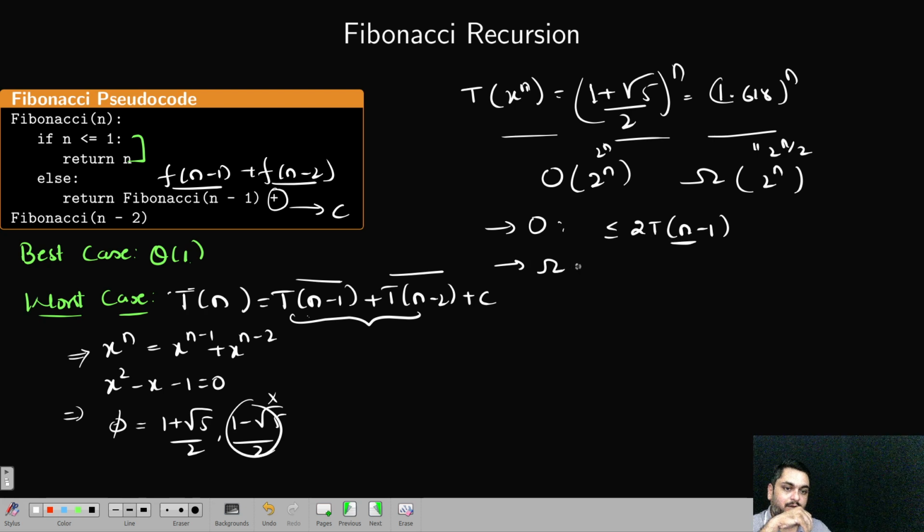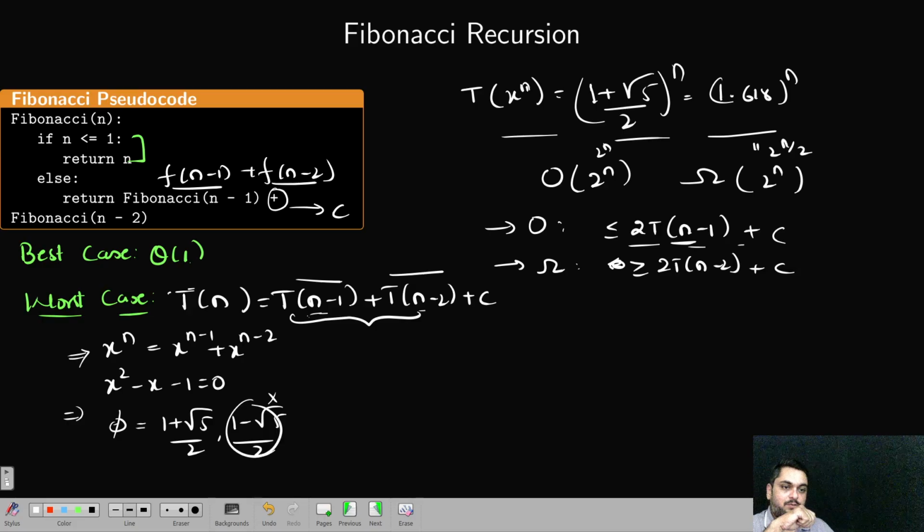For omega, the lower bound is t(n-2), so it will be greater than or equal to 2t(n-2). I am doing some simplification, so I will get loose bounds with some constant.